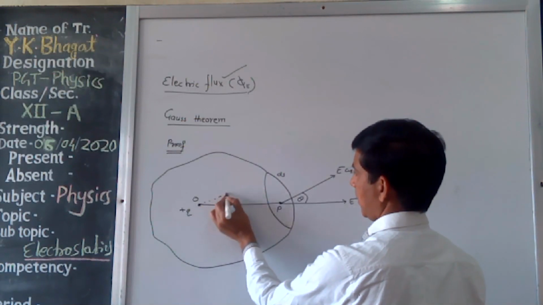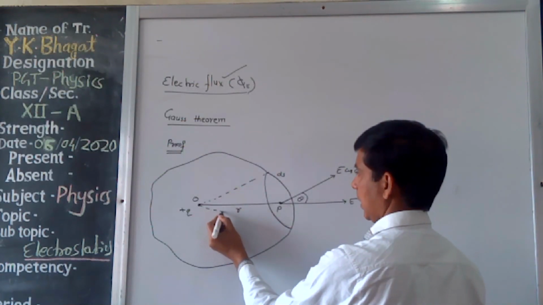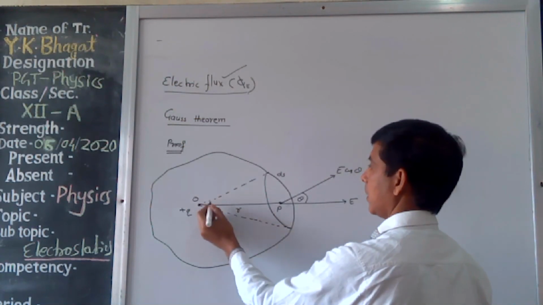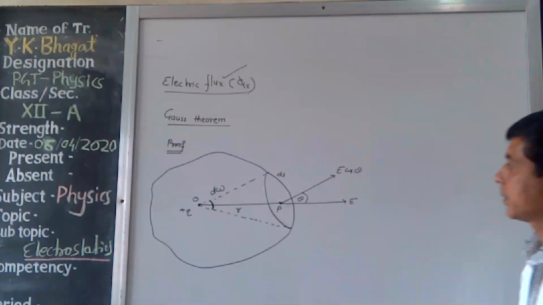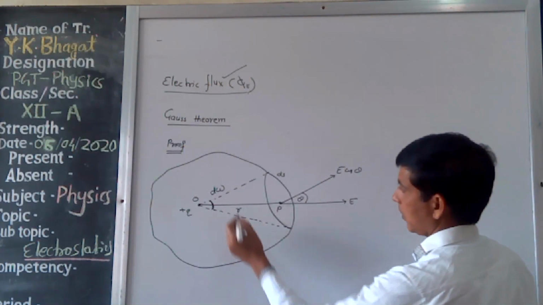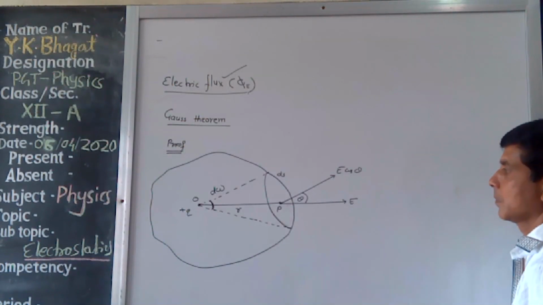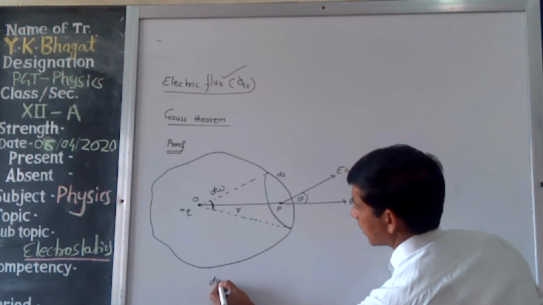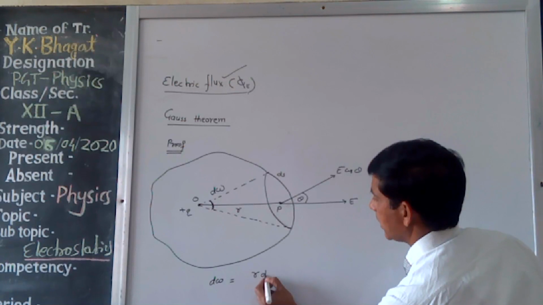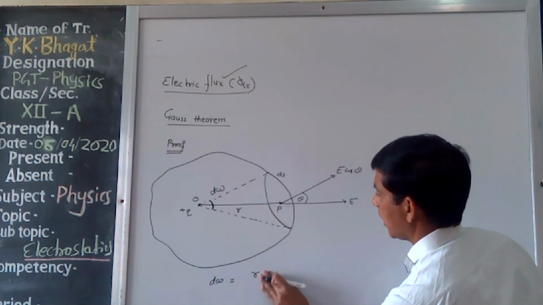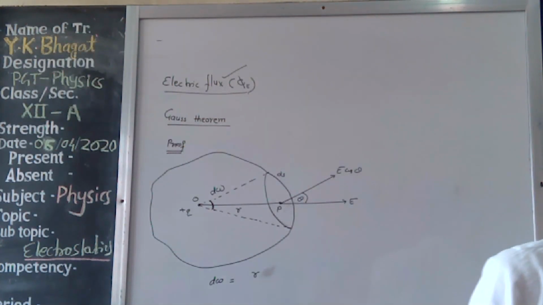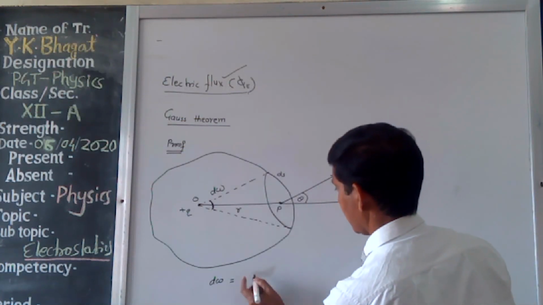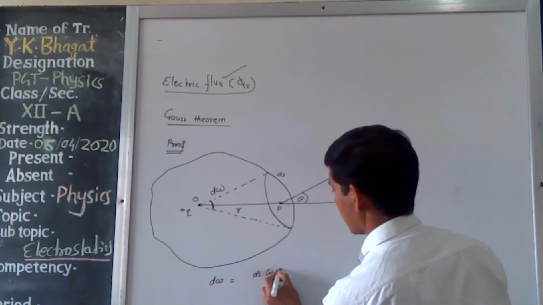Now we close the small area, then it will be solid angle d omega. In the previous topic we learned that the solid angle d omega is given by ds cos theta upon r square.